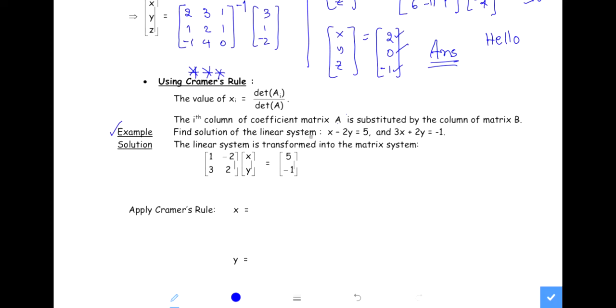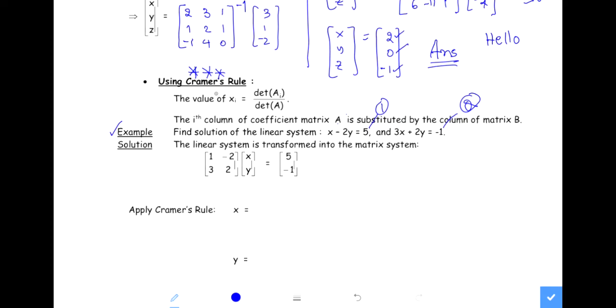You have this linear system. It's equation 1, this is equation 2, right? You transform equation 1 and equation 2 into this coefficient matrix, this variable matrix, and this constant matrix.